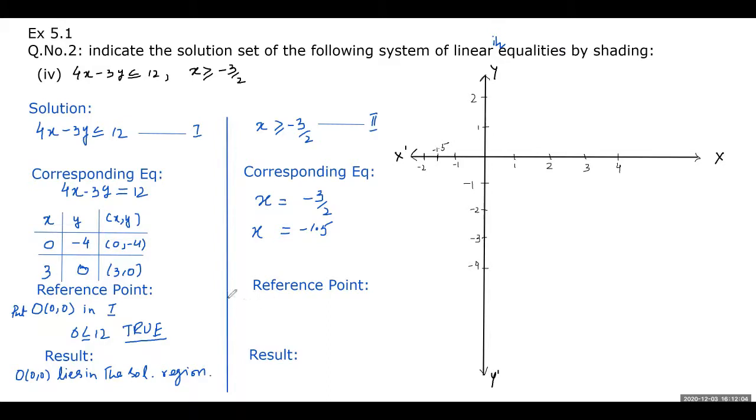Now we come to the reference point. We simply put the origin (0, 0) in inequality number 2. So what do we get? You can see there is no y here, so we simply put the value of x equal to 0. So 0 is greater than or equal to minus 3/2. Is it true or false?